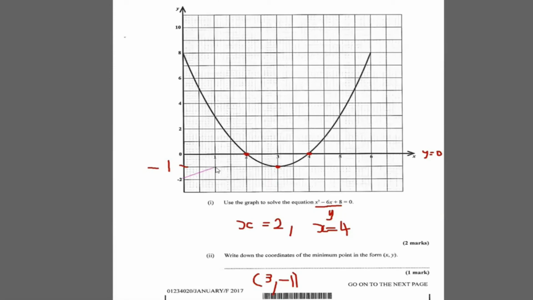I need to make it pass through negative 2.